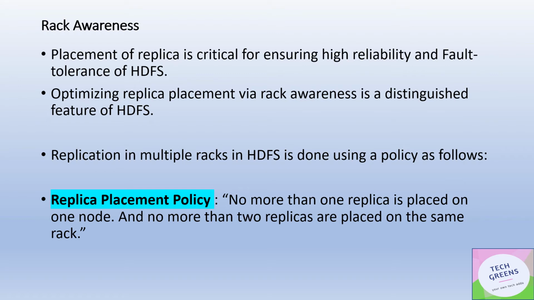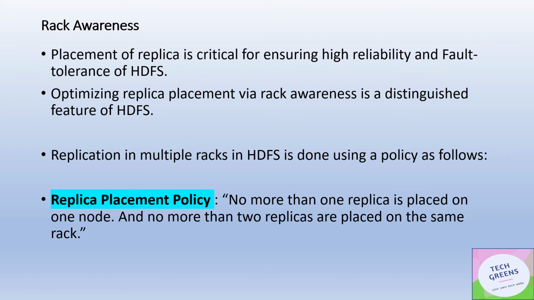This is a policy which defines how a replica of a particular block would be placed across different data nodes in the entire cluster. What this policy exactly states is that there would be no more than one replica on one particular data node, and there would not be more than two replicas on a single rack, because we have to maintain in total by default three replicas.